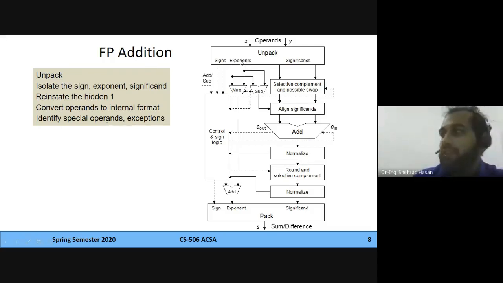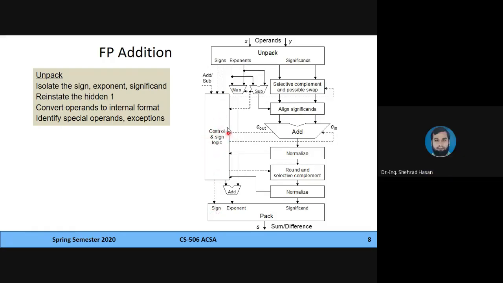Once you have these exponent values, the sign values both go to another logic, which determines what the final sign should be, depending on what operation is required. For example, if you want to add these two numbers and their signs are equal, then you actually add them. If you want to add these numbers and their signs are not equal, then you are basically subtracting them.